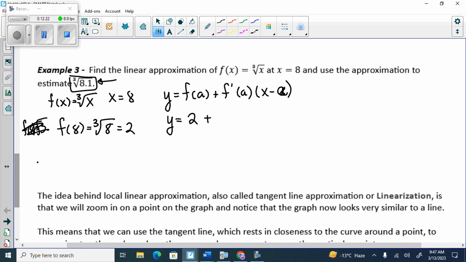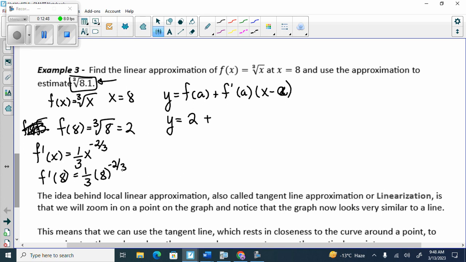And then, how do I do f prime of x if f of x is x to the 1/3? It's 1/3 x to the negative 2/3, and now I want to fill in an 8. F prime of 8 equals 1/3 times 8 to the negative 2/3. So, what does this mean? This means the cube root of 8 squared. True statement?